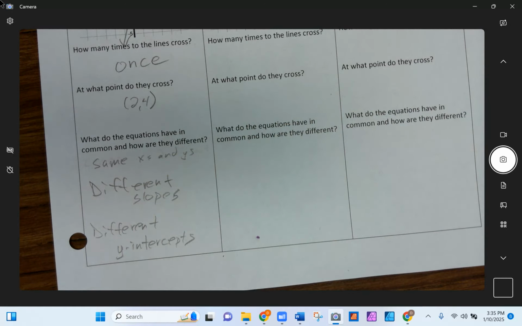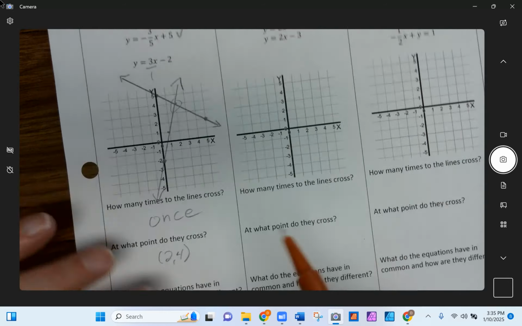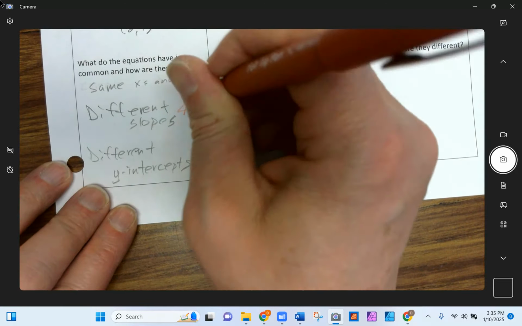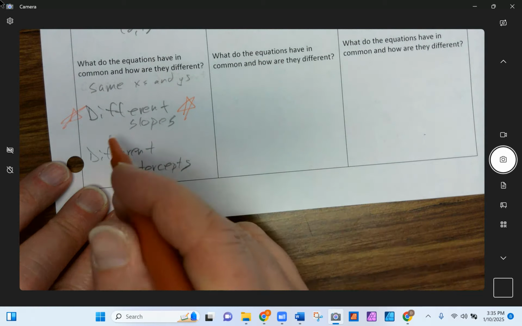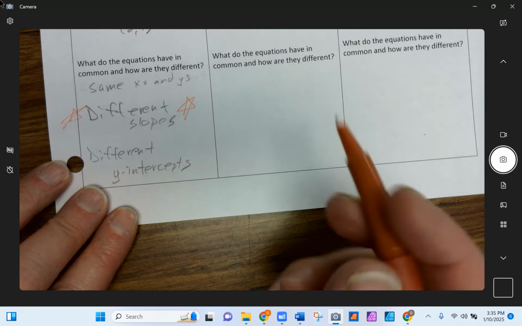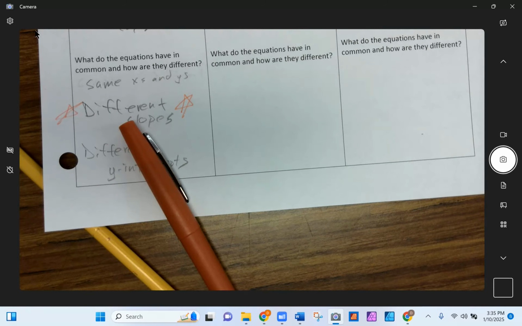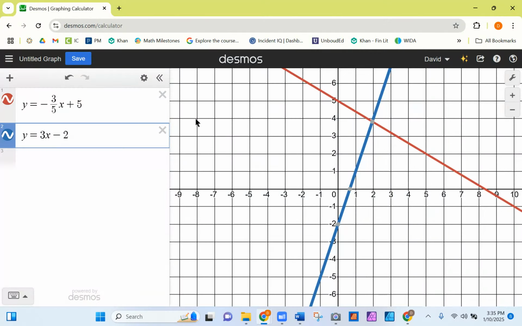Now, the problem is that when you look at that, you might think that problem types that have one solution are always going to have different slopes and different y-intercepts. But that is not true, right? The only thing that really matters is if they have different slopes, they automatically cross once. They could have different y-intercepts or the same y-intercept, and they'd only cross once. Let's quickly explore what that looks like here.